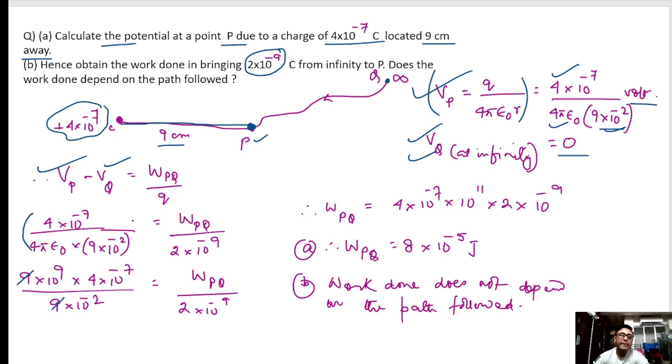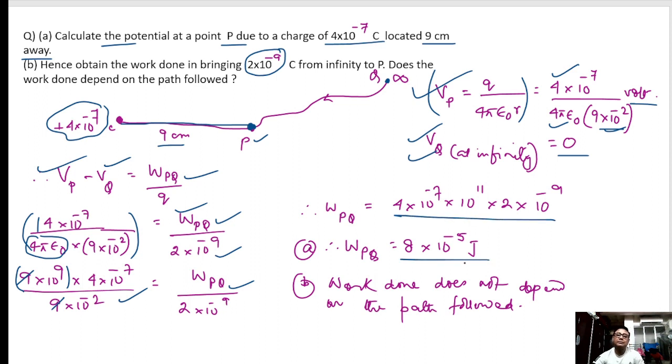This only, which is the work done by the charge. So work done by Q, with 1 by 4 pi epsilon O being 9 into 10 to the power 9. Now, putting all the values, we find that the work done is 8 into 10 to the power minus 5 joules.